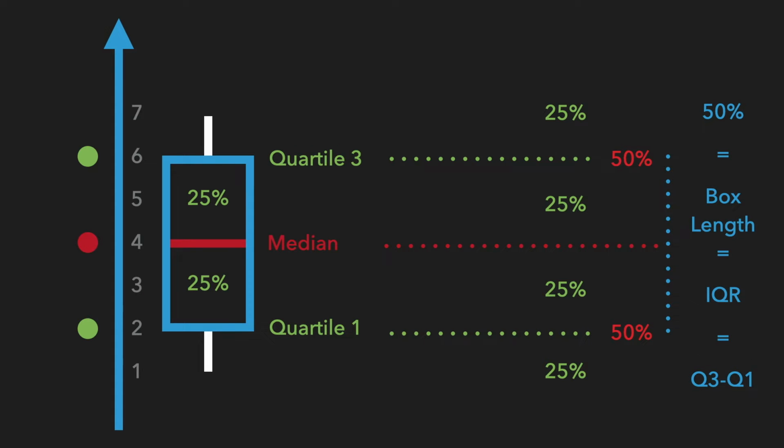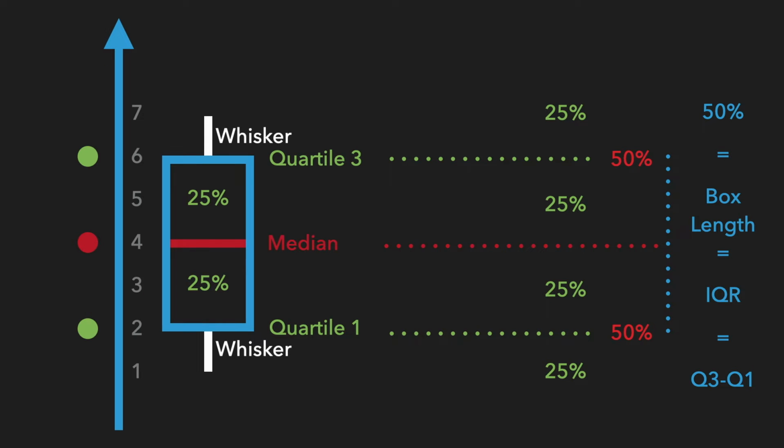Box length also provides useful information because the box contains 50% of the values. Since these 50% of the values range from the third to the first quartile, the length of the box is often called interquartile range, or IQR. So the interquartile range is the distance between the upper and the lower quartiles.